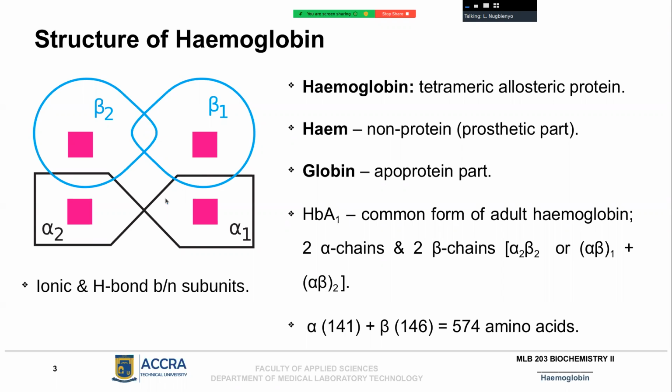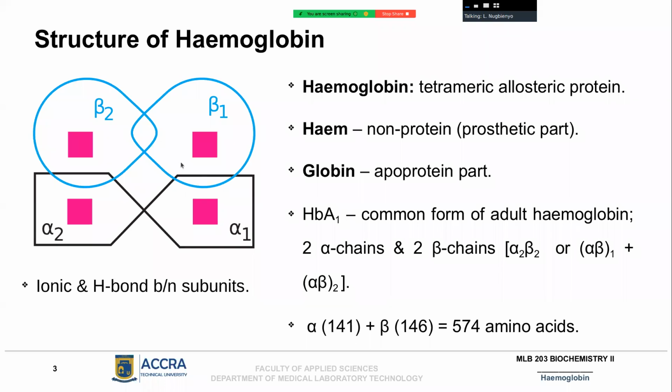So we see the alpha and the beta proteins bound together with the heme, which is represented in these red boxes. So the heme is bound to each of these protein structures. Now you might be wondering, what is this about alpha 1, alpha 2, beta 1, beta 2?